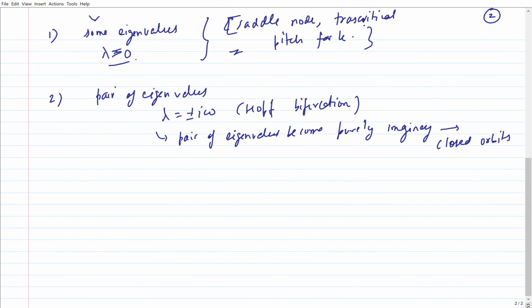So let's look at it in detail. First, bifurcations around fixed points, fixed point bifurcations.